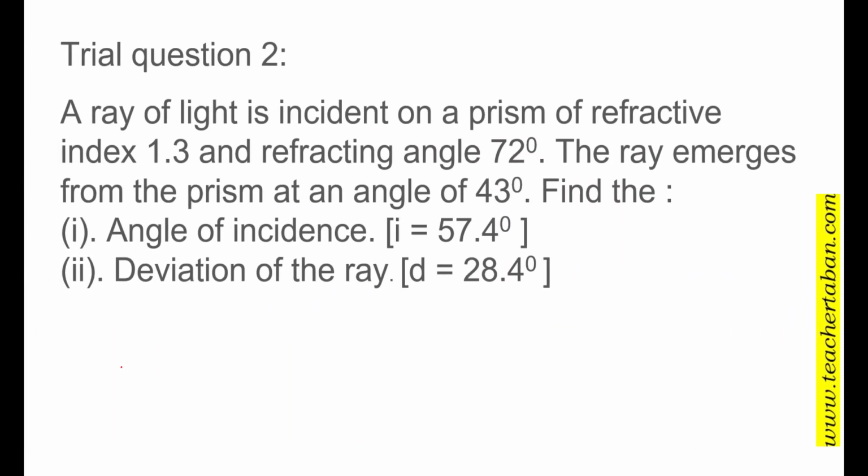Since we've been given the angle of emergence, it will be better if we begin at the point M. So I'll simply say that at M, applying Snell's law, N1 sine I1 is equal to N2 sine I2. If the ray is coming from this side like this, this is my medium 1, this is my medium 2 at M. The refractive index of the glass was given as 1.3.